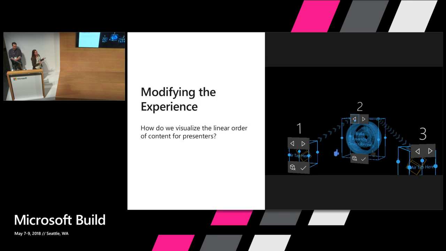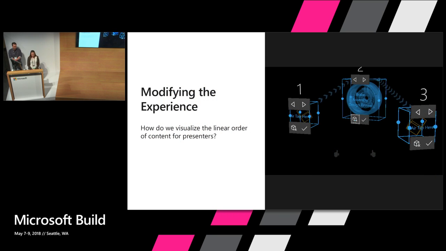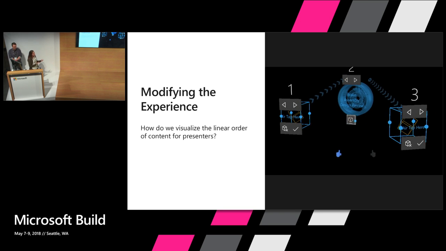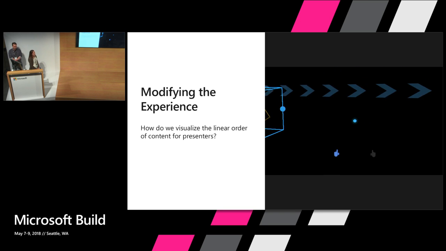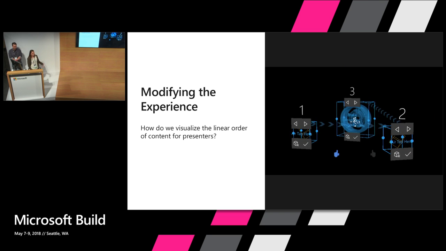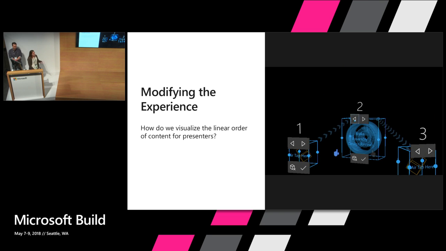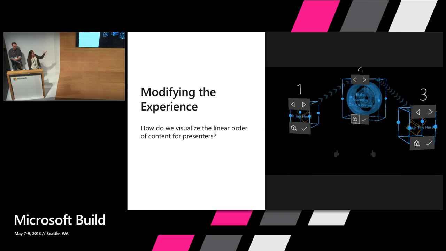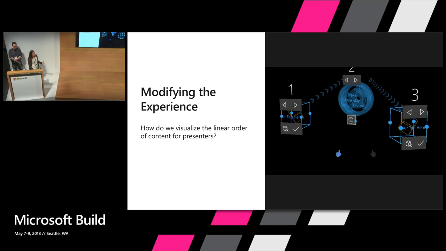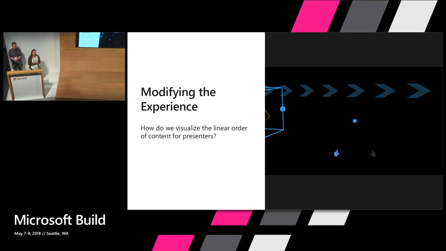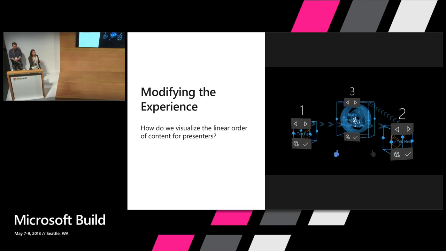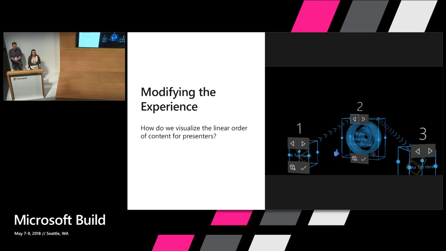Another important design challenge that we found for presenters was figuring out how to show the order of the content in this 3D space, and how to allow people to reorder that content as well so they can modify their experience on the fly. So we decided to place the order number quite largely on top of each of the calibration props that you're seeing here. Those numbers billboard to face you so that no matter where you're standing in the room, you can quickly look around and get a good feel for what your order is.